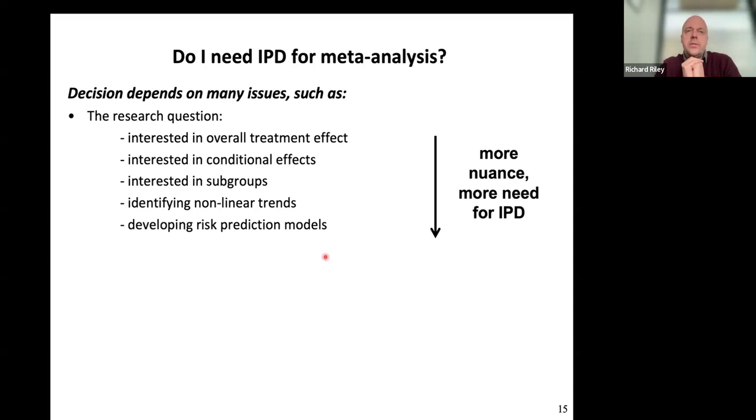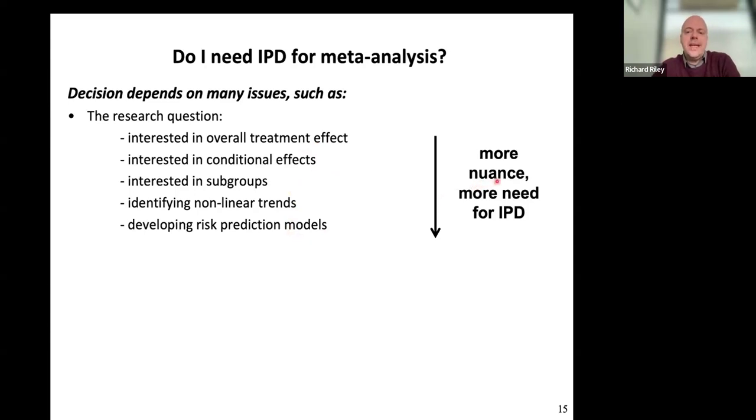First of all, I would ask yourself, what am I interested in? What's the estimand? What's the measure of interest for your meta-analysis? If you're focused on the overall treatment effect averaged across everyone, then that's going to be less relevant for an IPD meta-analysis than if you were looking at subgroups or nonlinear complex relationships or developing individualized prediction models.